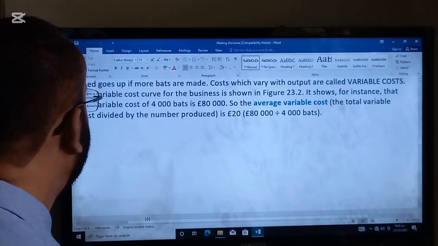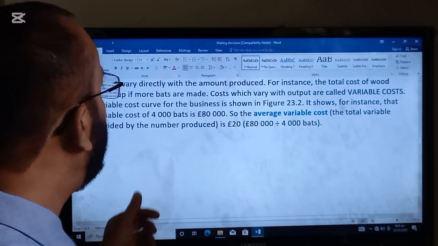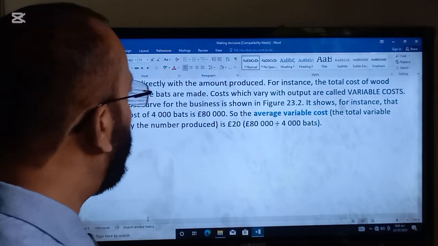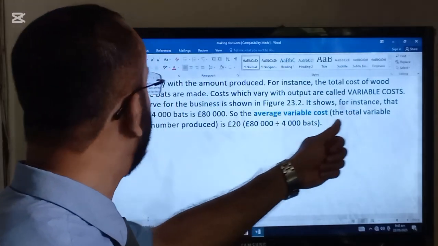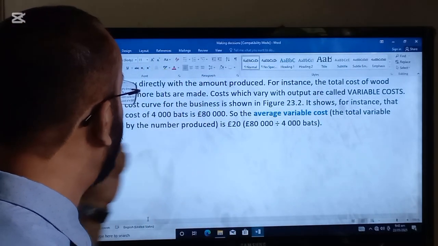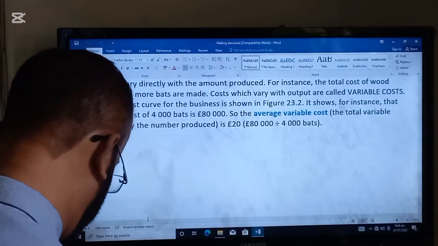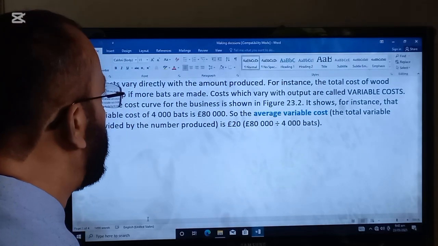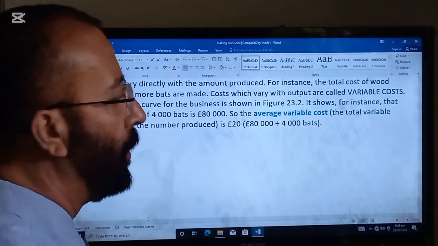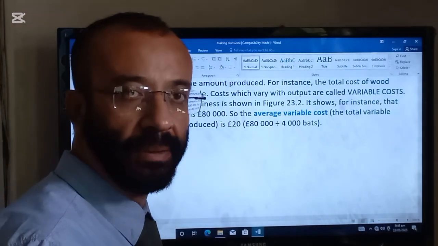Variable costs vary directly with the amount produced. For instance, the total cost of the wood used goes up if more bats are produced. Costs which vary with output are called variable cost. For example, the petrol.